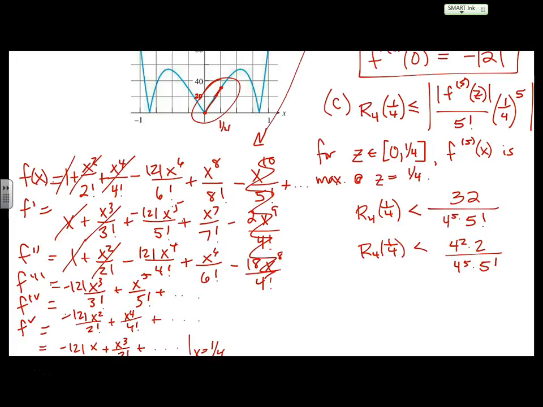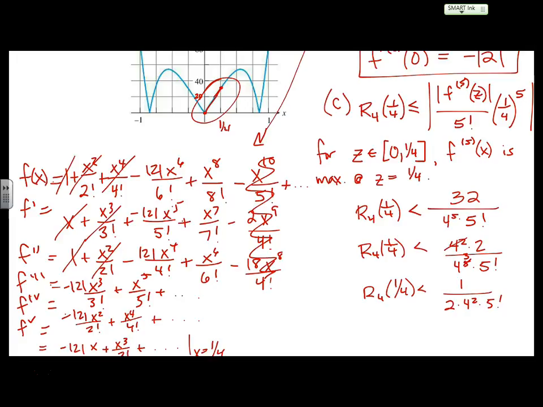Do we necessarily have to get all the nasty big numbers in order to be able to do it? So could we say R sub 4 of 1/4 is less than that? That would simplify to make a 4 cubed, right? We could technically even simplify out the 2 and say 1/2 times 4 squared times 5 factorial.